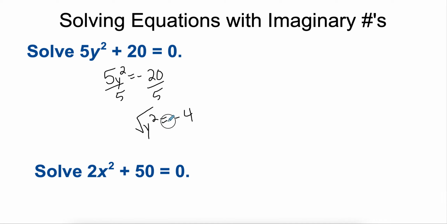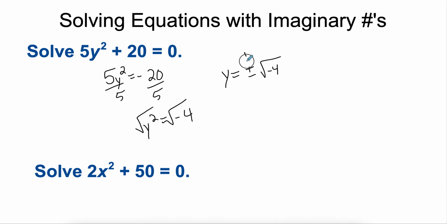Well, we have to square root things. So we square root the left and square root the right, and we end up with y equals square root of negative 4. Now, when we square root things, it's called the square root property, you have to add a plus or minus when you do that, because we could have a positive or negative that is squared to get us this answer. So that's the property here.